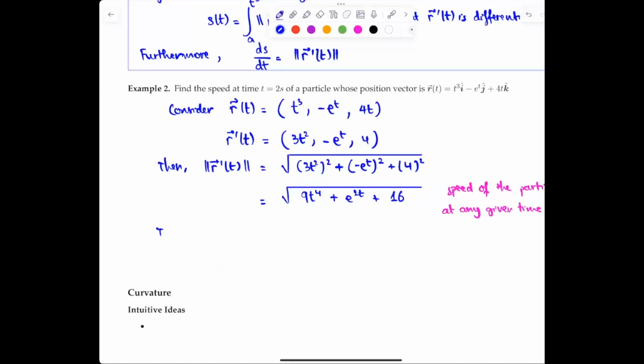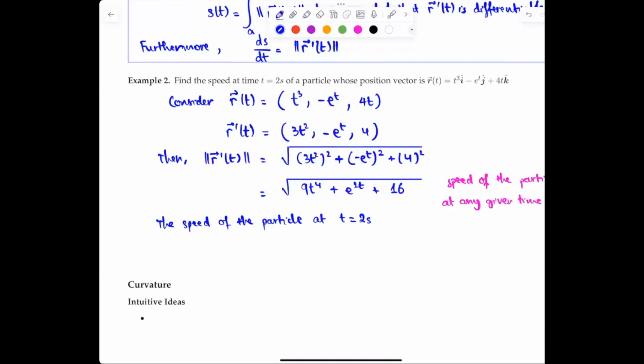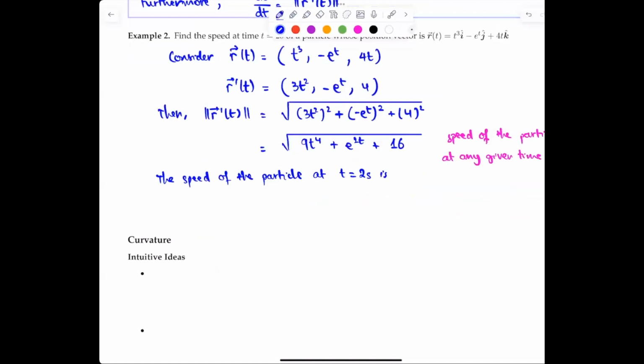So the speed of the particle at t equal to 2 seconds is the magnitude of r prime of 2, equal to the square root of 9 times 2 to the 4th plus e to the 4 plus 16, whatever that is.